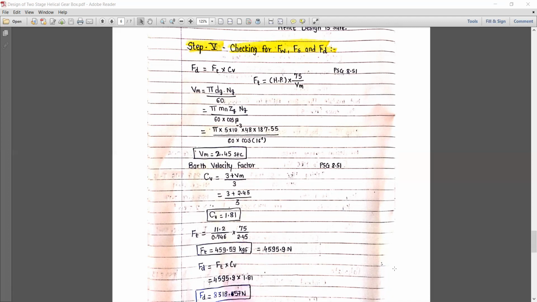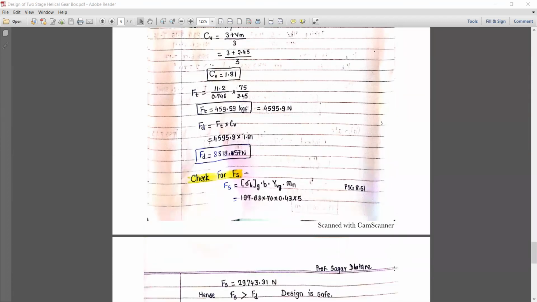FT is equal to 459.59 kgf, that is 4595.9 Newton. Now we have the values of FT and CV, we can find the dynamic load, that FD is equal to 8318.57 Newton. I have calculated in Newton. You can calculate in kg also, no issue.